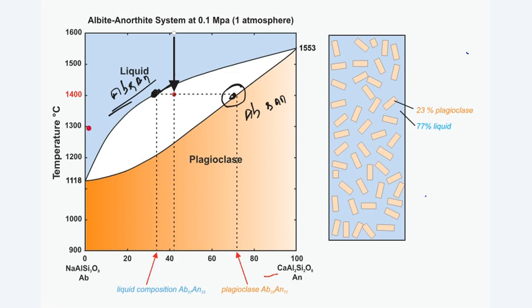But here, the solid that forms always contains both albite and anorthite, and the liquid also contains both albite and anorthite. So at a particular point, this line to the axis will give the liquid composition, and this line to the axis will give the solid composition.